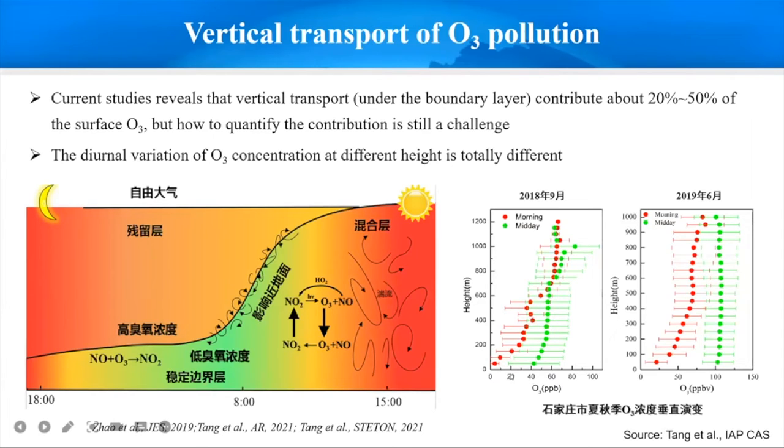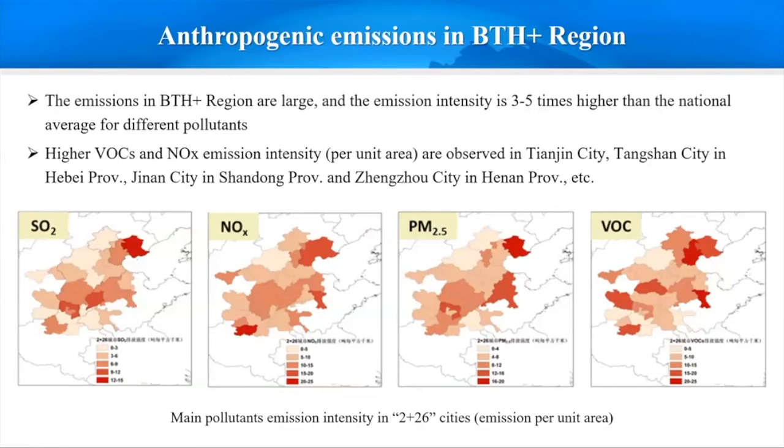So we can see that the ozone concentration at different heights varies in a very different way. So if we just check the observation data at the surface, it's quite different from the higher level. So we cannot forget the vertical transport.